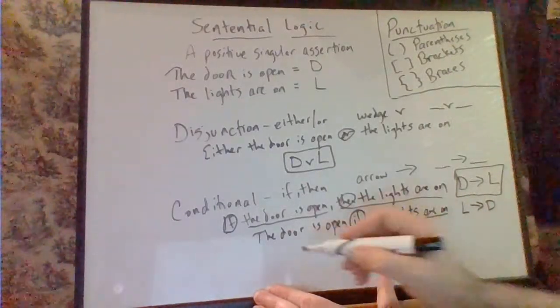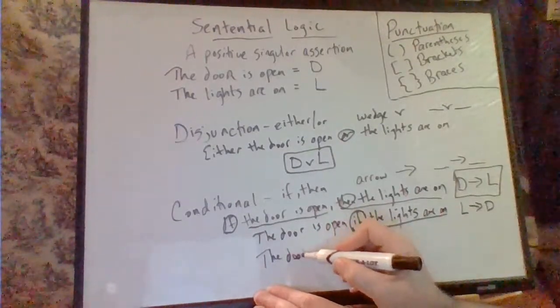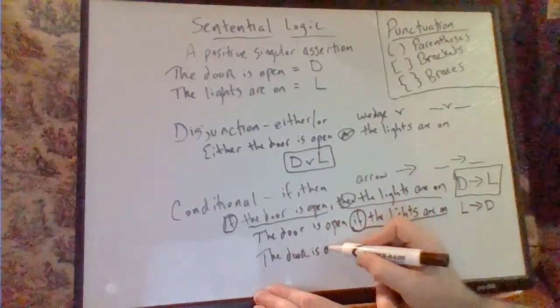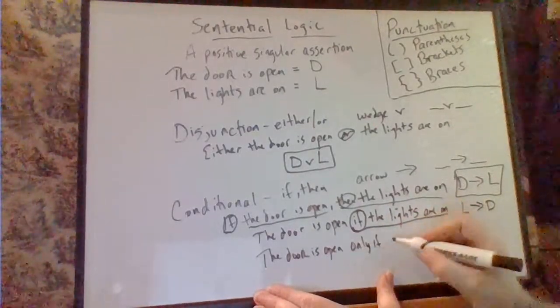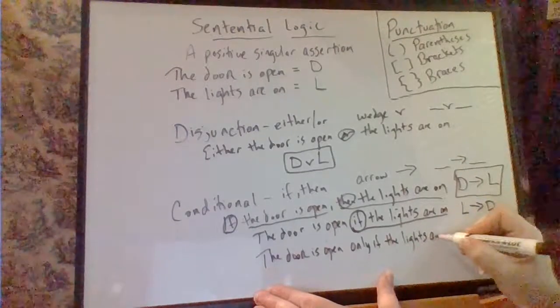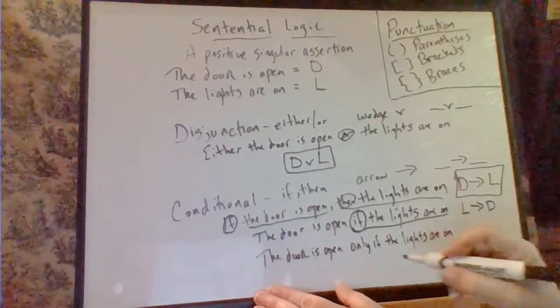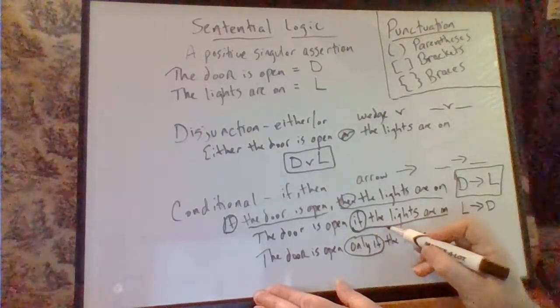And then, to make matters even more complex, the door is open only if the lights are on. Now, only if is different from if. What follows if is your antecedent.